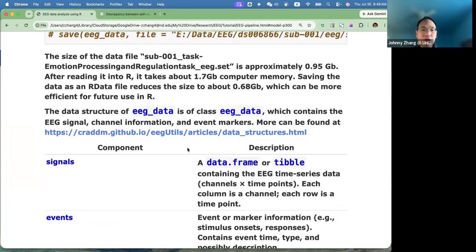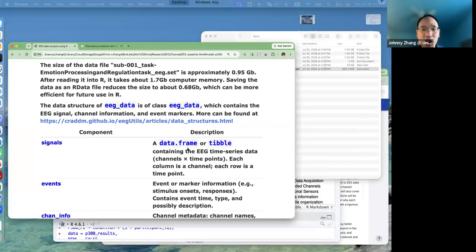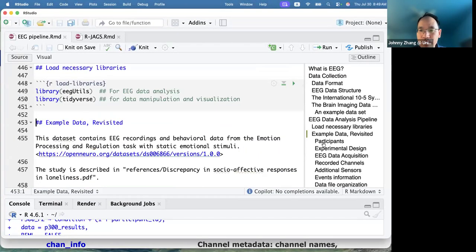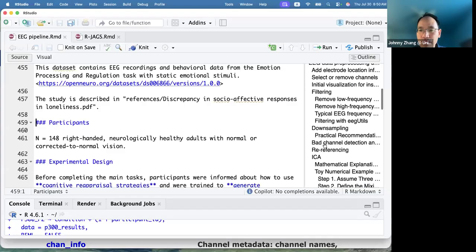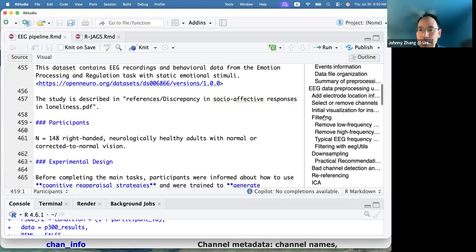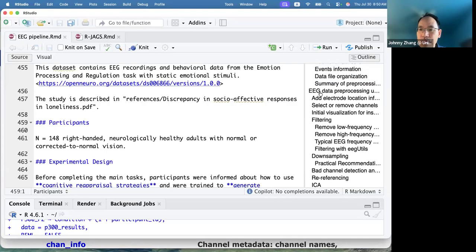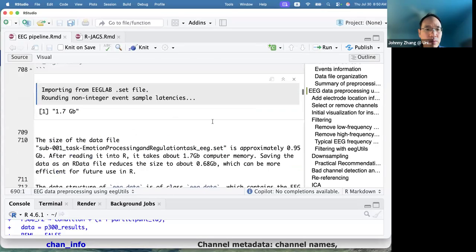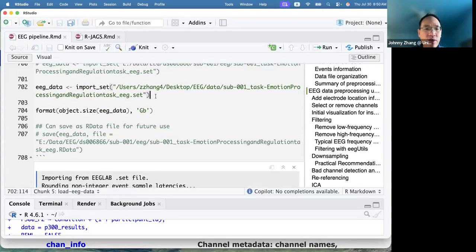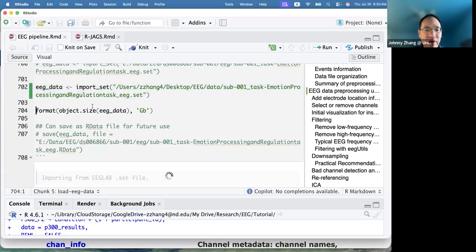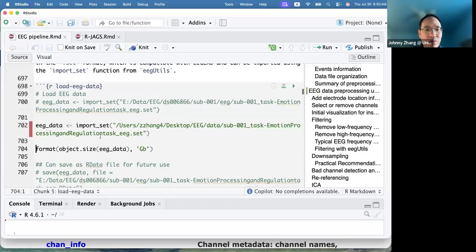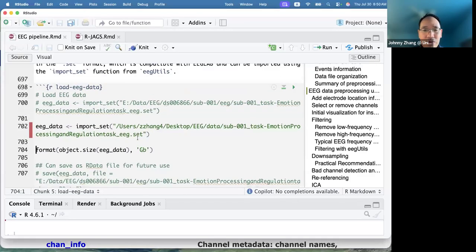Let's take a look at the data structure after we read the data into R. Using this, I can import the data. If I run this, it took about 2 seconds.